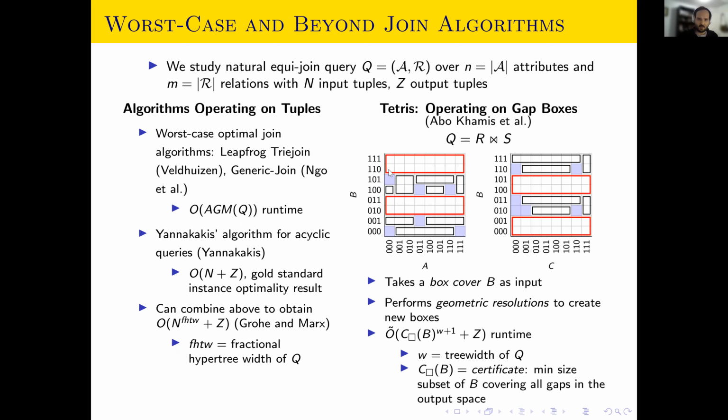If you extend these red boxes along the entire output space, so although these 2 boxes in R are defined over only A and B, if you extend them along the entire attribute C so that they're defined over the whole output space, then the union of these 4 boxes, using the same approach for all of them, covers the entire output space, which proves that the output of this query is empty.